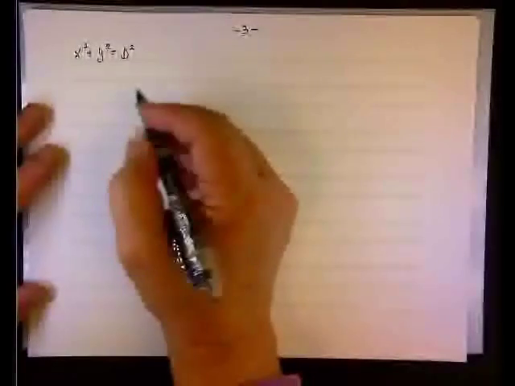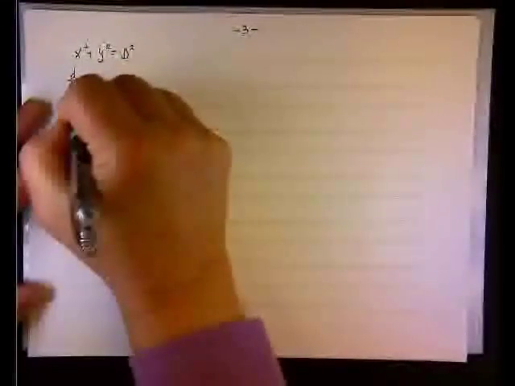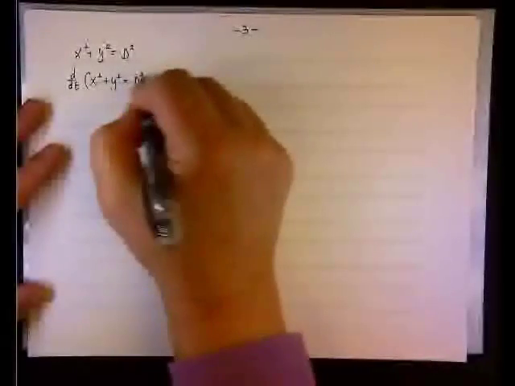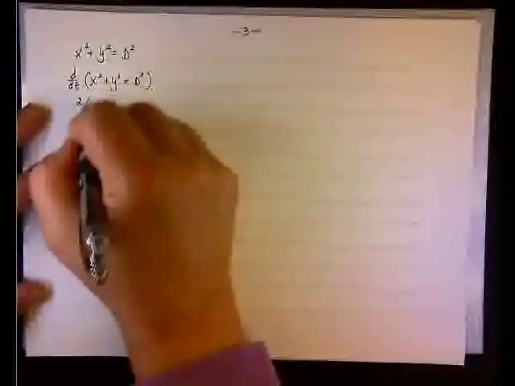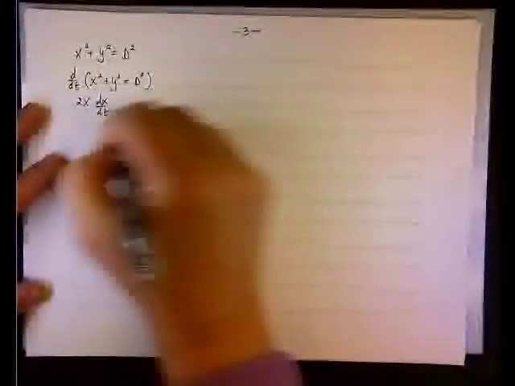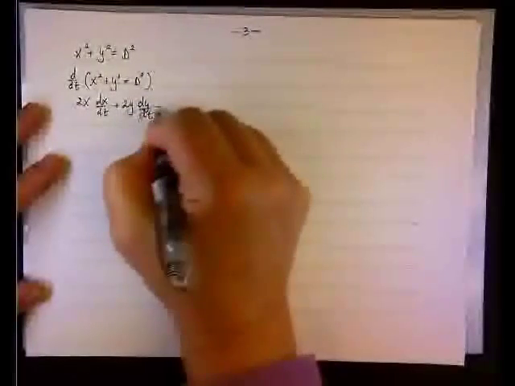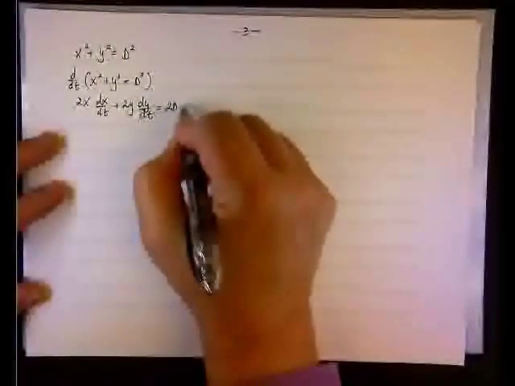First of all, let's set it up. So we know by the Pythagorean theorem that x squared plus y squared equals d squared. So what we can do at this point is take the derivative, d dt, again, implicit differentiation of x squared plus y squared equals d squared, will produce the following: 2x dx dt plus 2y dy dt equals 2d dd dt.